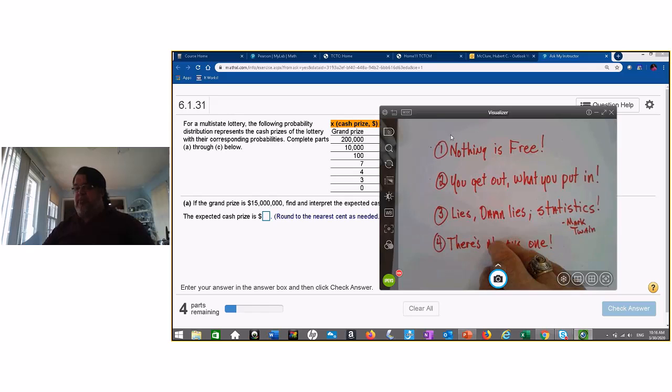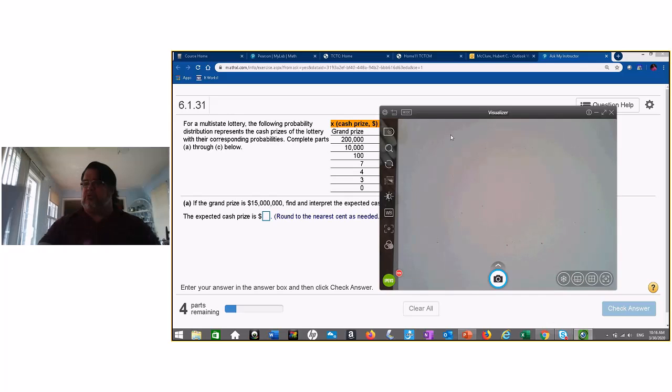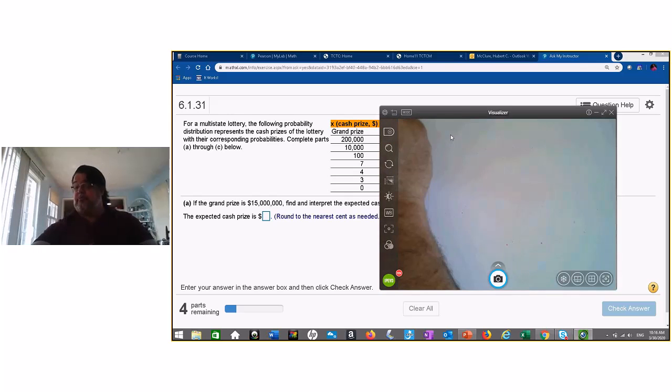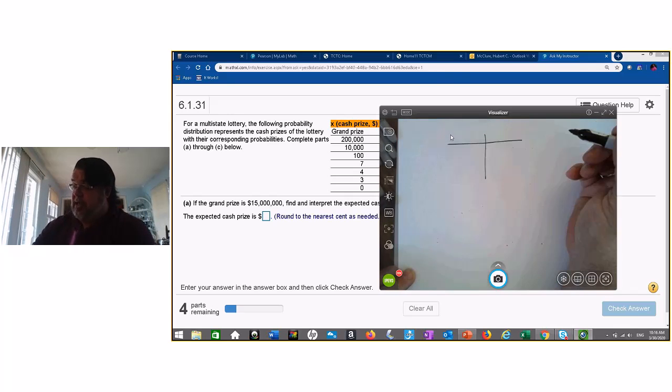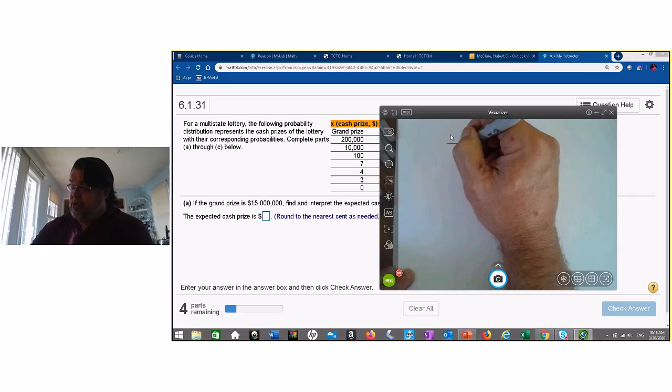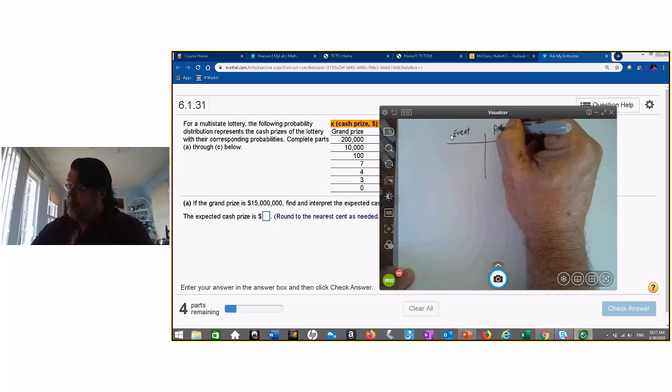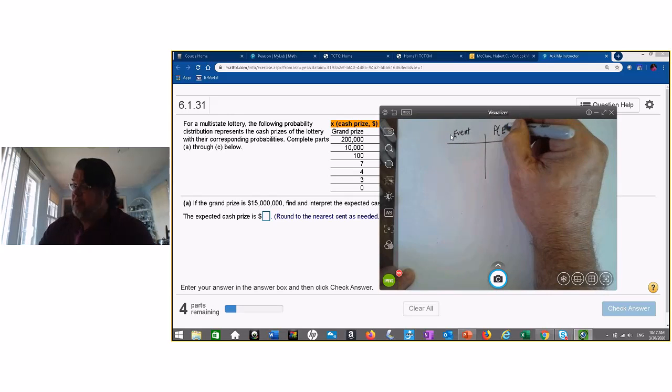Remember expected value? Remember the insurance question? Yes or no? Yes. Okay, so the insurance question, you had a chart, and you had the event and the probability of the event. Everybody with me?